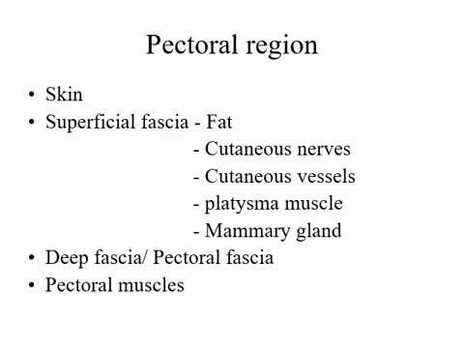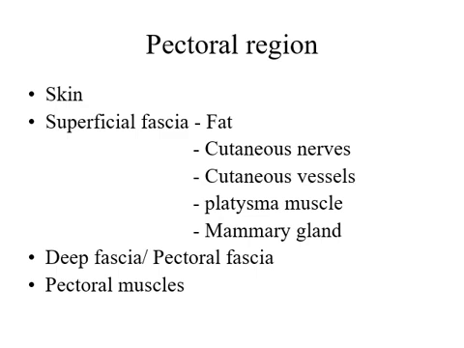Deep to the superficial fascia, so deep to the mammary gland, you will get the deep fascia, and this deep fascia is called pectoral fascia. And deep to the pectoral fascia, you will get the pectoral muscles. So if you dissect the pectoral region layer by layer, first there is skin. After reflecting the skin, you will get superficial fascia.